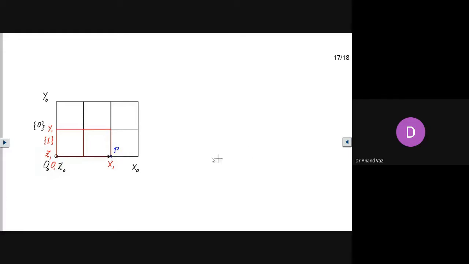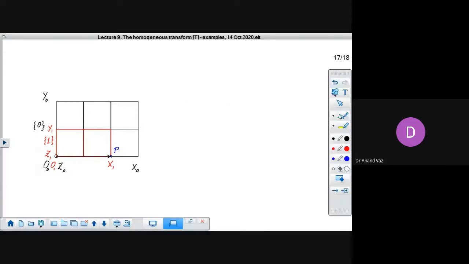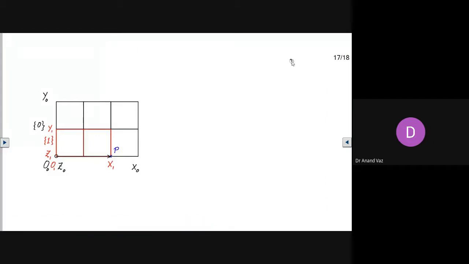And this vector, if we write it in terms of its components, we can represent it as the position of the point P as observed from the origin either of frame 0 or 1, and we could also say expressed in 0 or 1, and this is equal to we have 2 units along the x-axis, no units along y, no units along z.